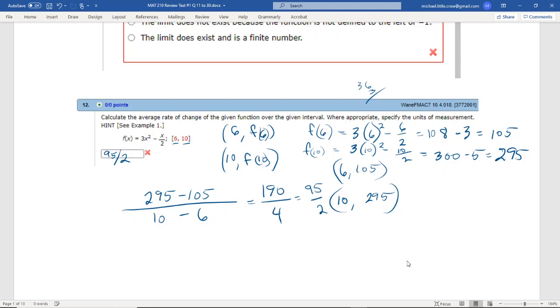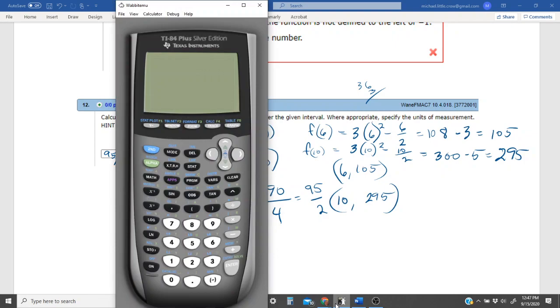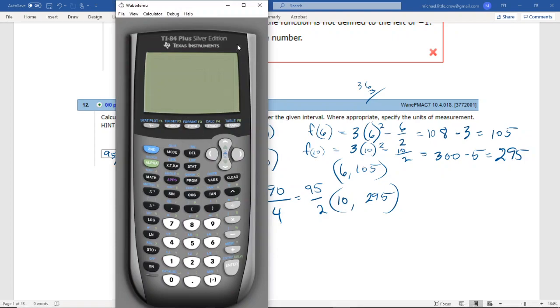Or you're going to get, is that 47.5? I think so. Here we go, 47.5.